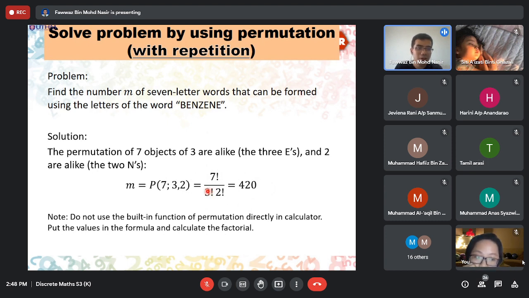Okay, you can use factorial too. So you can just masukkan 7 factorial divided by 3 factorial times 2 factorial dalam calculator. You'll get 420. Okay, but before you use your calculator in situations like this, pastikan korang guna dia punya formula dulu, masuk all the required values, then you can use your calculator.